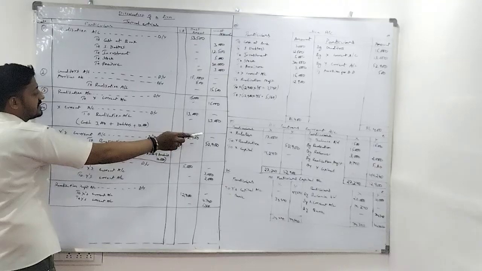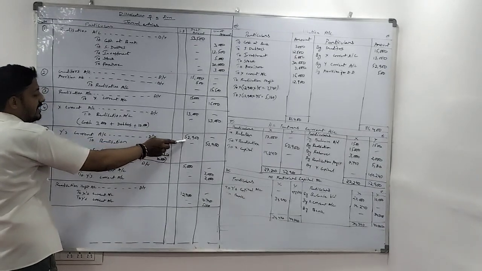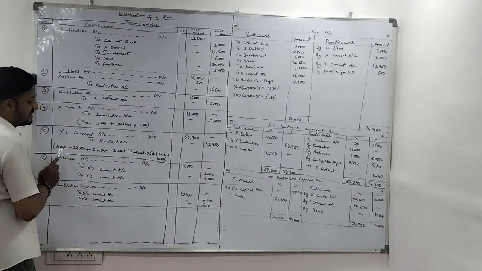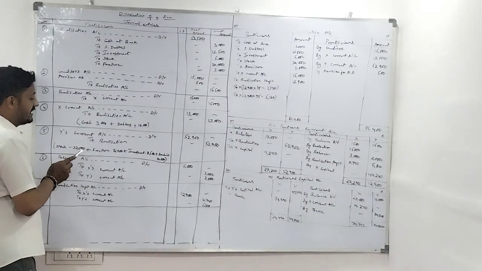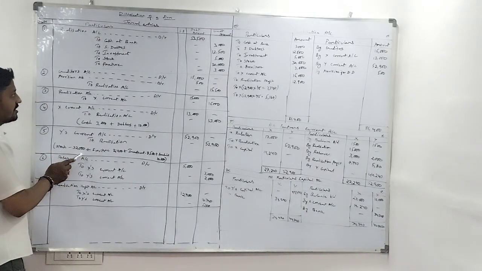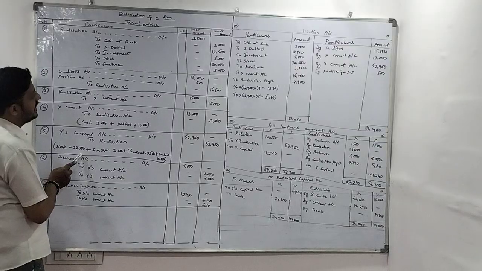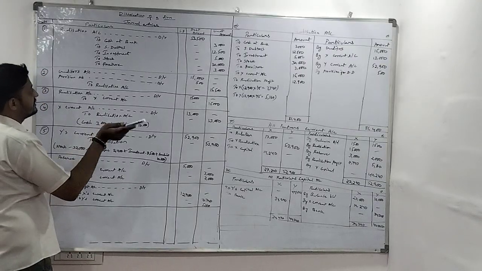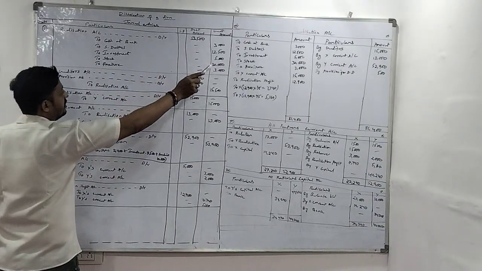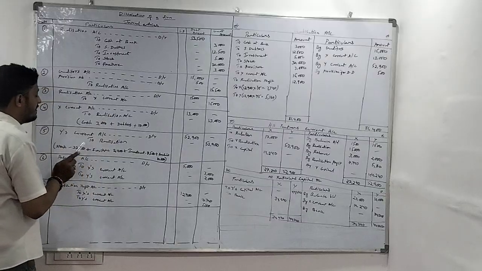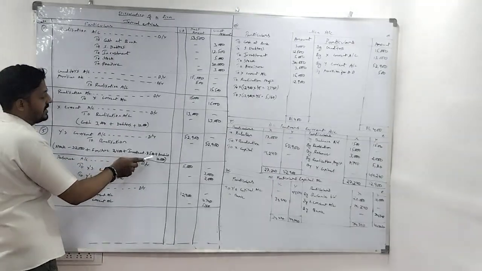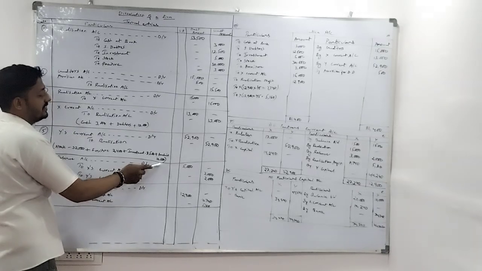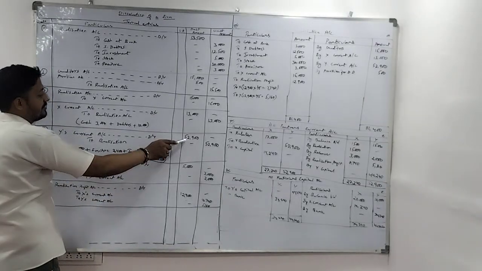So the current year value is the latter, and that's the reason we write 52,900. These amounts are given in the adjustments. Under adjustments you find stock value is 32,000, while on the asset side the stock value is 30,000. Furniture is 2,400, investment is 8,500, and goodwill is 10,000. Make the total: 52,900.